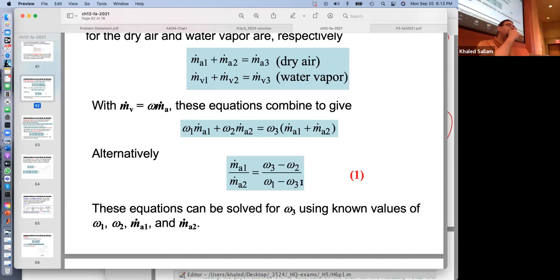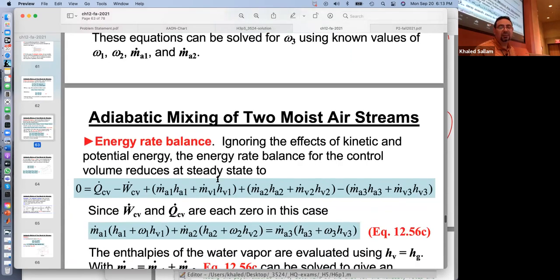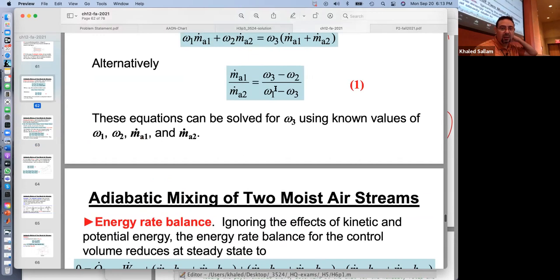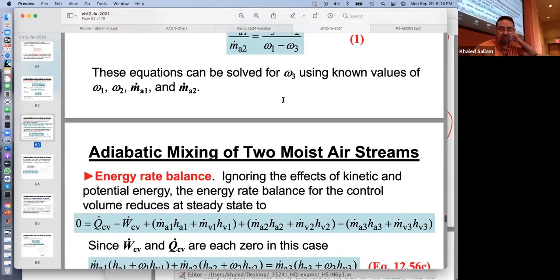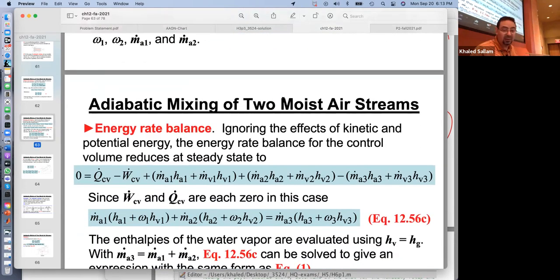Or omega 3 will be equal to omega 1 plus omega 2 divided by 2. It will be the mathematical average, like half, basically, of omega 1 plus omega 2. So it's kind of a weighted average, right? Remember this equation in a minute. You will go back to it.